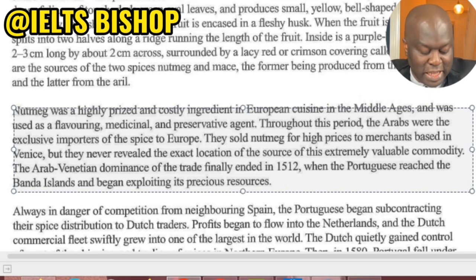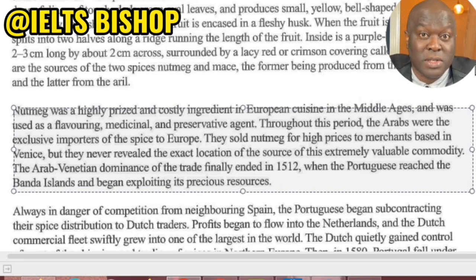So the question says, in the Middle Ages, and they've mentioned Middle Ages, most Europeans knew where nutmeg was grown, and they are saying that Arabs were the exclusive importers, and they never revealed the location of this spice. So it means they didn't know.